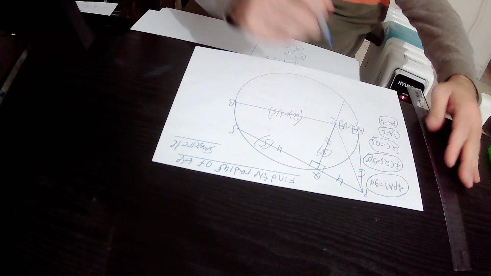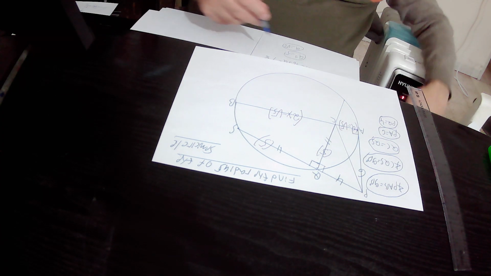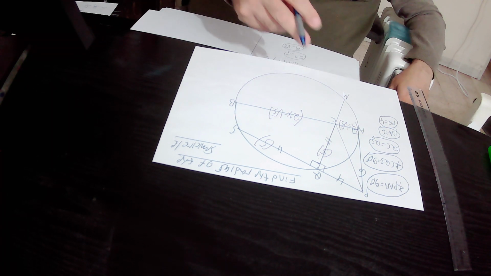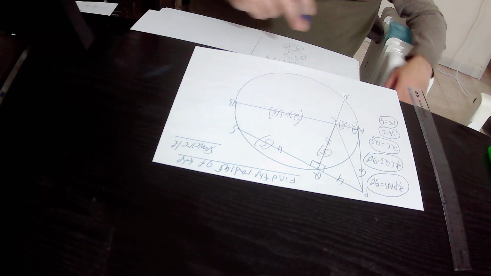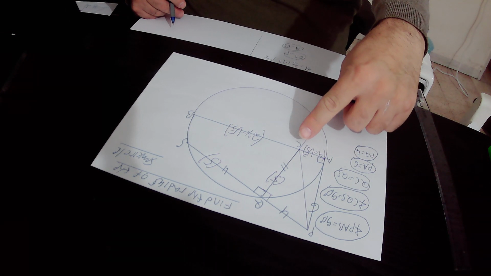We will define the touching point of the extended side QC with this circle as M. We define the length of this line segment CM as B.